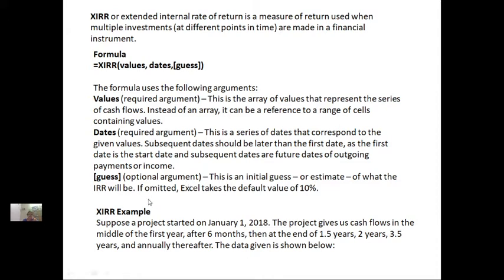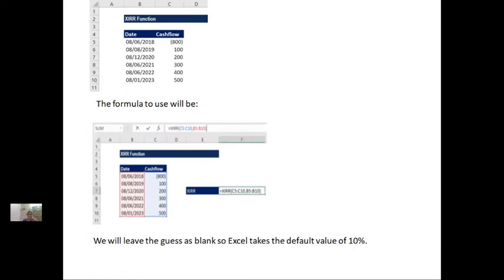Now, an example of XIRR. Suppose a project started on January 1st, 2018. The project gives us cash flows in the middle of the first year, after 6 months, then at the end of 1.5 years, 2 years, 3.5 years, and annually thereafter. The data given is shown below. Now let us see the next slide.